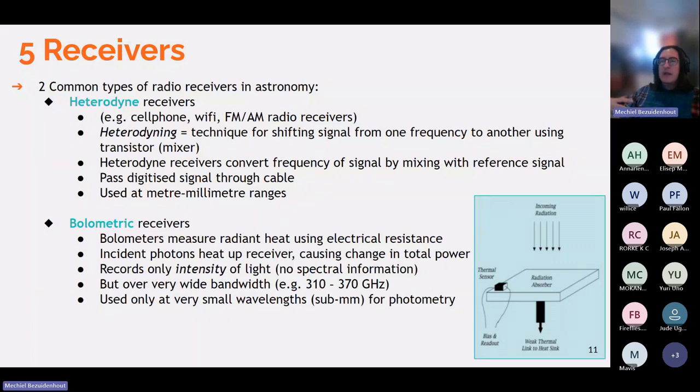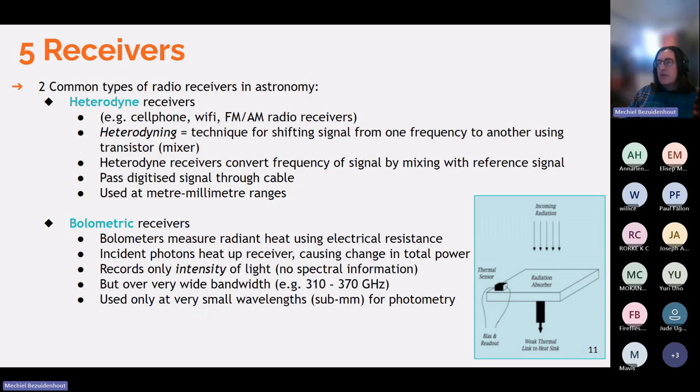But importantly, this kind of receiver only records the intensity of light. So you don't record the phases of the electromagnetic signals that you intercept. You're only recording the intensity, meaning that you don't have any spectral information.